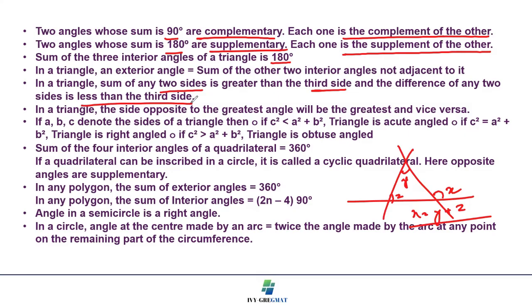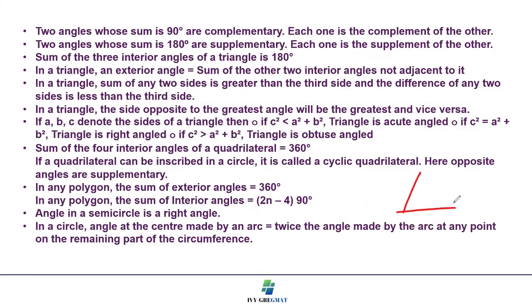We saw it in a triangle with sides A, B, and C. C is always less than A plus B, and greater than A minus B or B minus A. The sum of any two sides is greater than the third side, and the difference of any two sides is less than the third side.